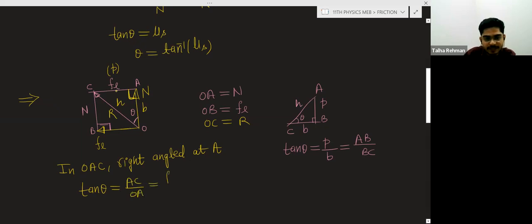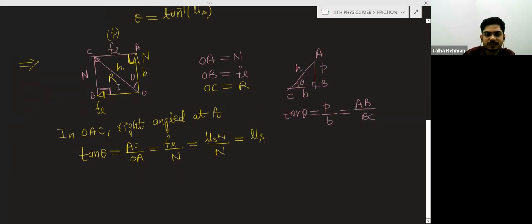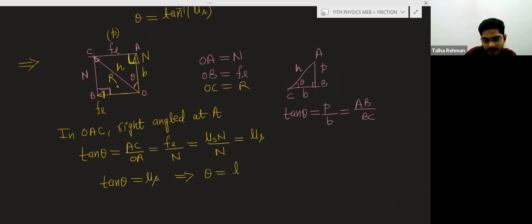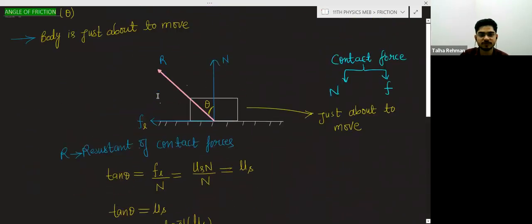AC is FL and OA is N. And FL is the limiting friction force, mu S into N, and this is N. Here you will get mu S. So this is the complete way to calculate this tan theta. Tan theta is equal to mu S, and when you calculate theta, you will get tan inverse of mu.